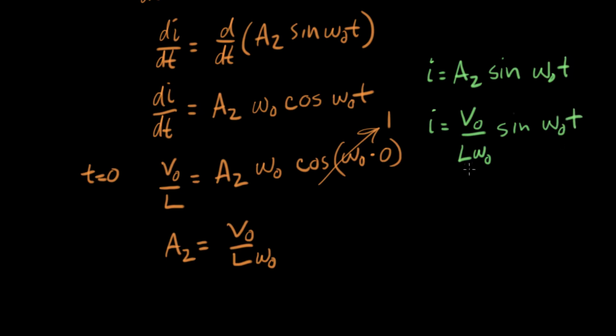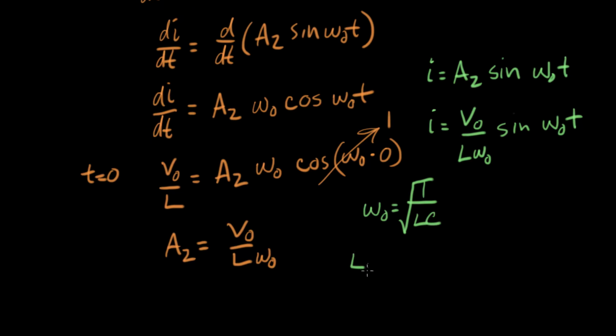And I want to go back now. I want to write this a little bit differently. I want to go back and plug in our value for omega naught. So if we remember, we said omega naught equals the square root of 1 over LC.